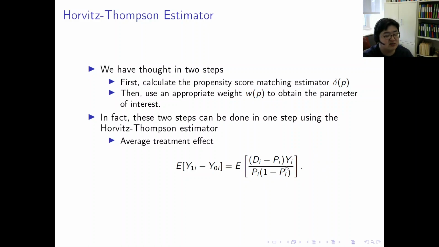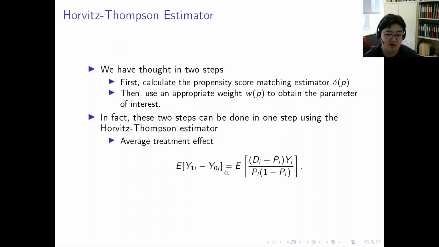So it's just one step. If you estimate the propensity score, then you observe D, you observe Y. So follow this formula and take the average. That's the average treatment effect, which is much easier than the matching estimator.